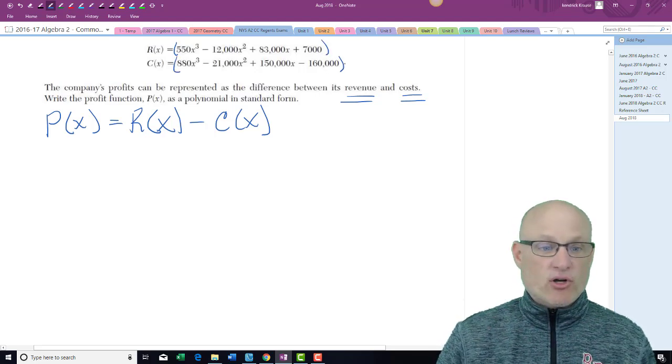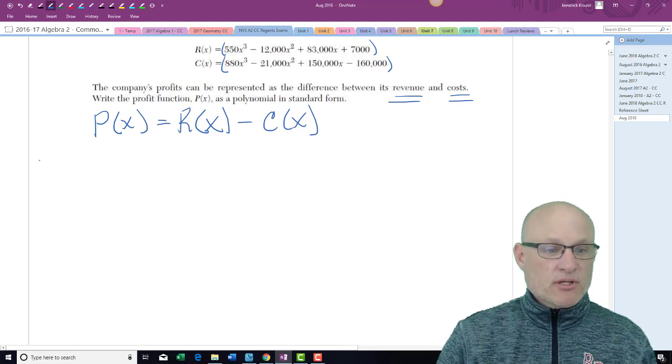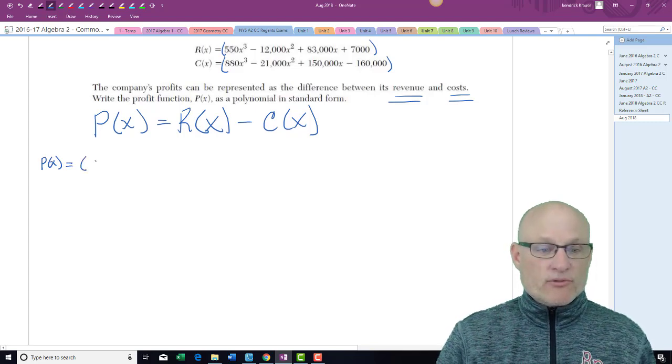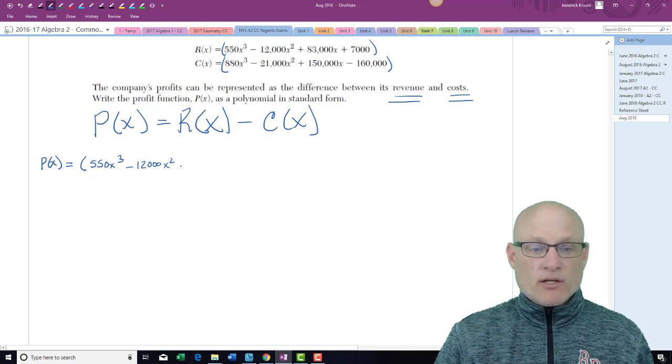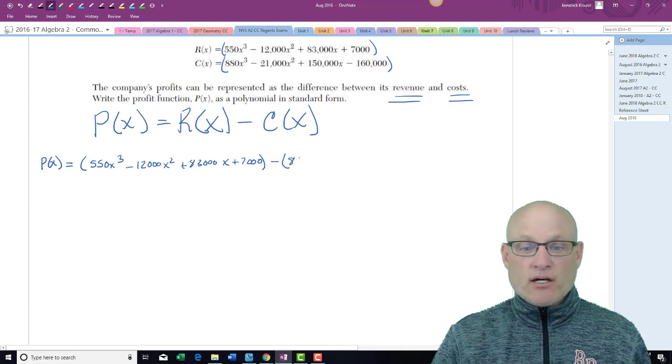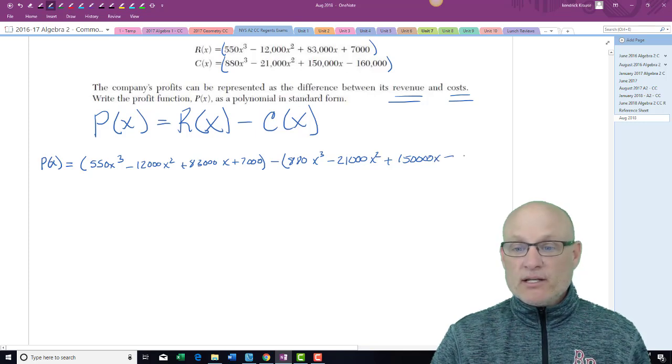I've got to write kind of small because there's a whole lot I have to write here. So, P of X equals R of X, which is 550 X cubed minus 12,000 X squared plus 83,000 X plus 7,000, minus parenthesis 880 X cubed minus 21,000 X squared plus 150,000 X minus 160,000.